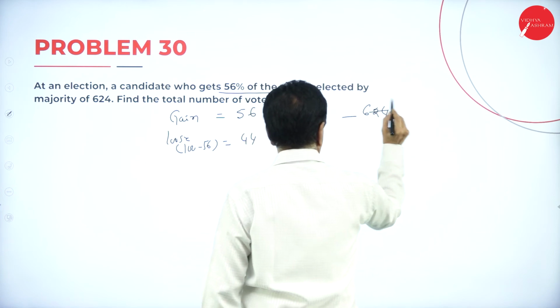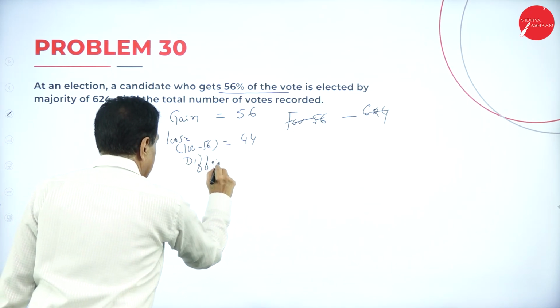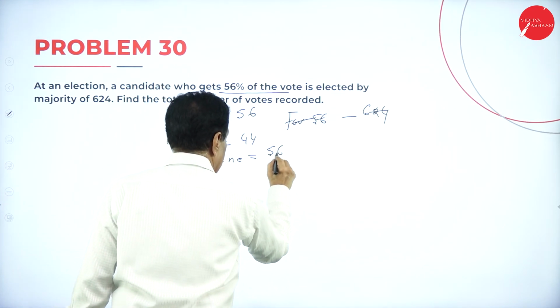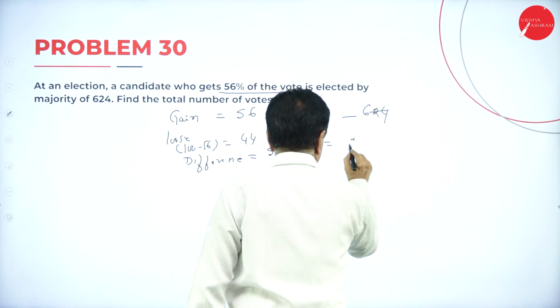We can find the difference: 56 minus 44 is 12.